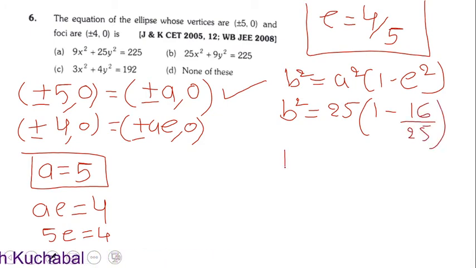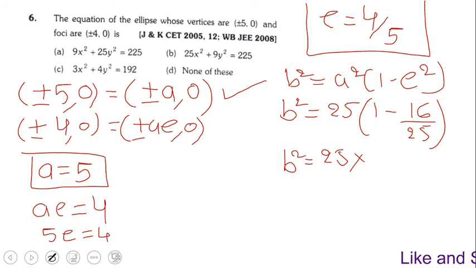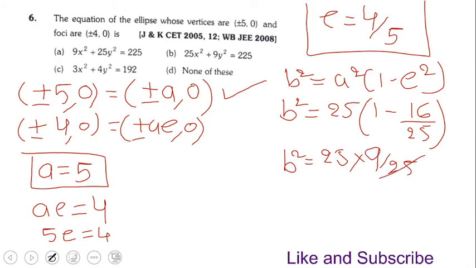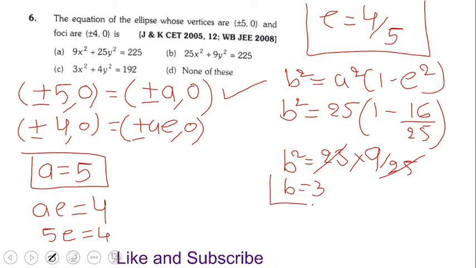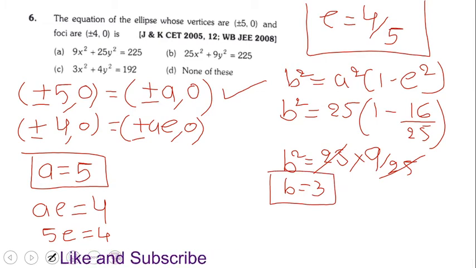So simplify this one, b square equal to 25 into (25 minus 16) 9 divided by 25. So from numerator and denominator 25 gets cancelled, b value we are going to get as 3 here. Okay, so like this we have to calculate a, b and e.